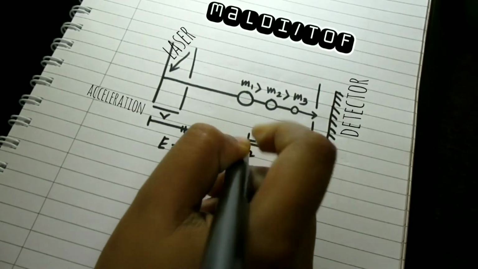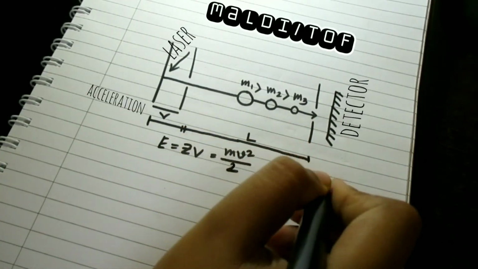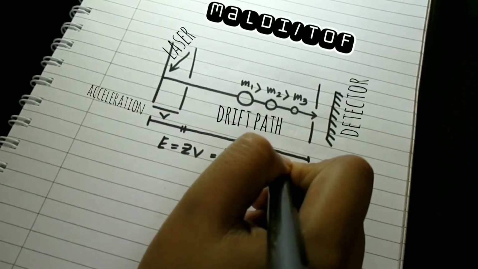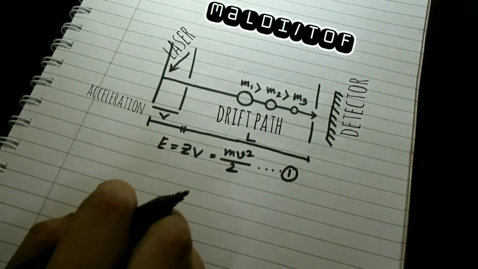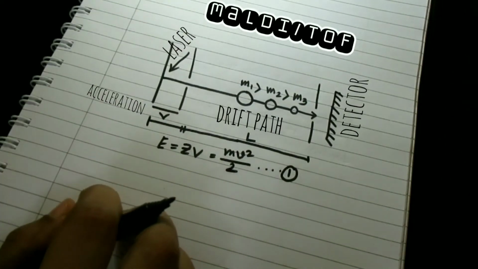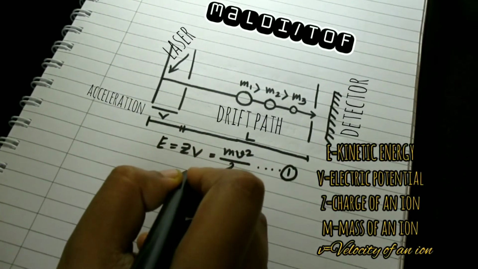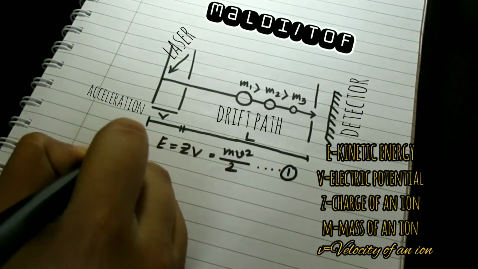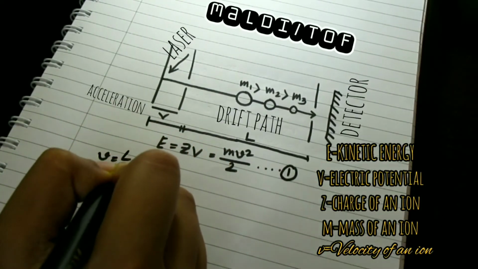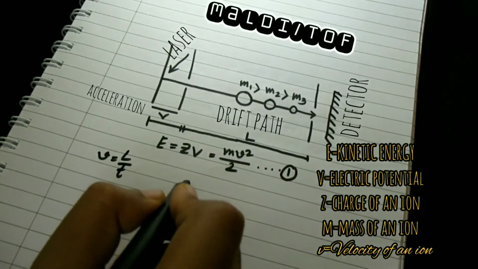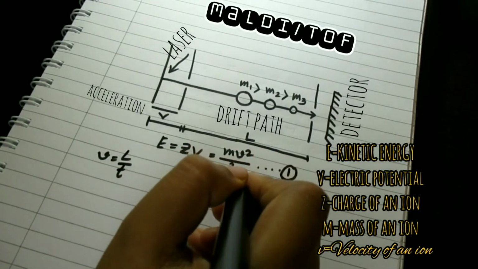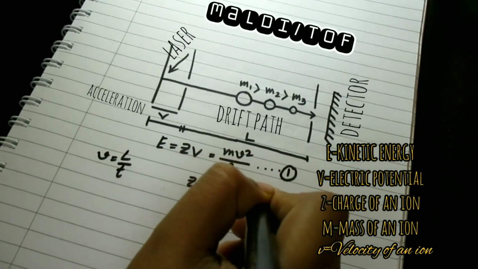The smaller ion reaches the detector first because of its greater velocity compared to the larger ones. The analyzer is called TOF because the mass is determined from the ion's time of flight. The arrival time at the detector is dependent upon the mass, charge and kinetic energy of the ion.